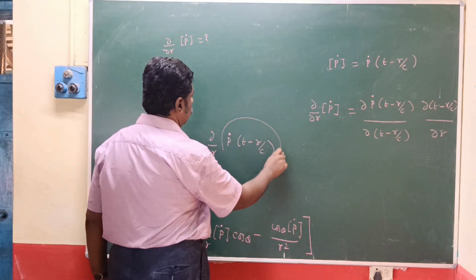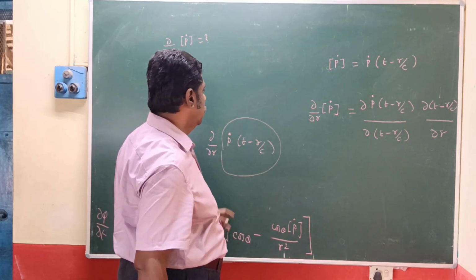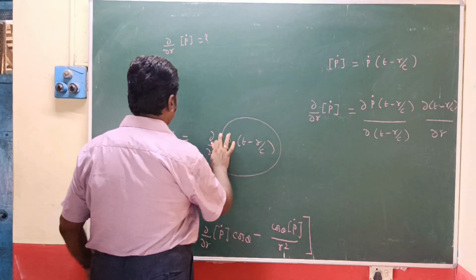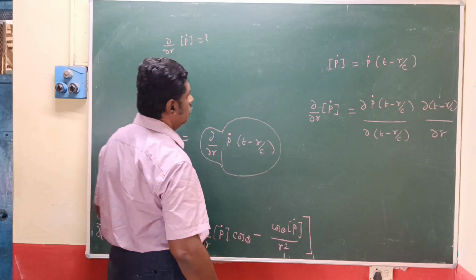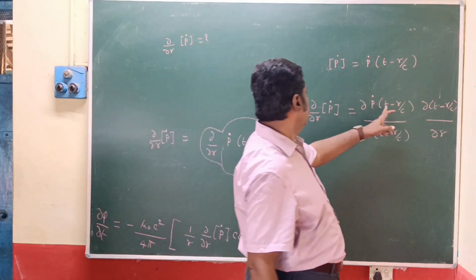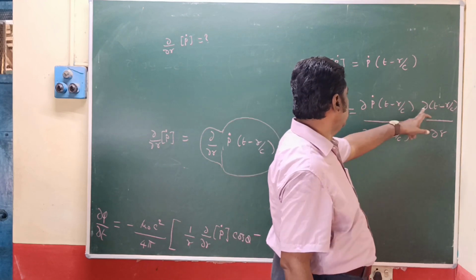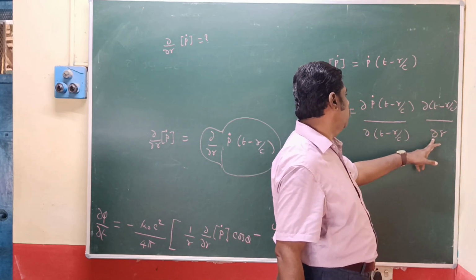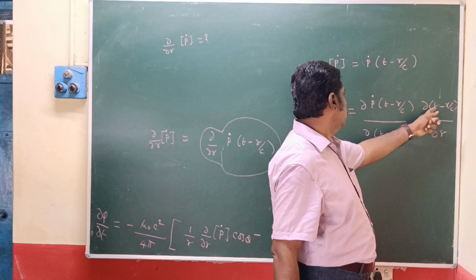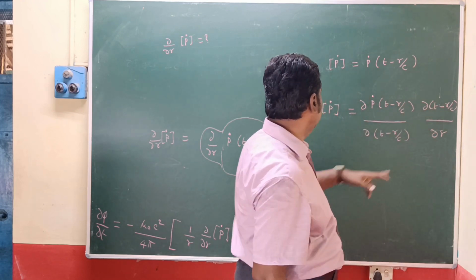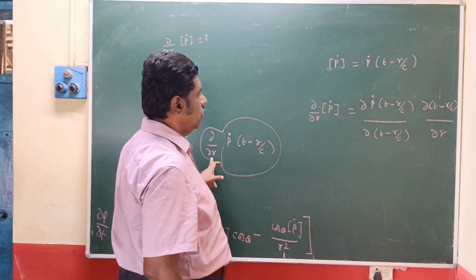Instead of this term, that is, instead of the total, we have written ∂p dot of (t − r/c) divided by ∂(t − r/c) into ∂(t − r/c) divided by ∂r. These two terms are cancelled out. We can get ∂p dot of (t − r/c) by ∂r.